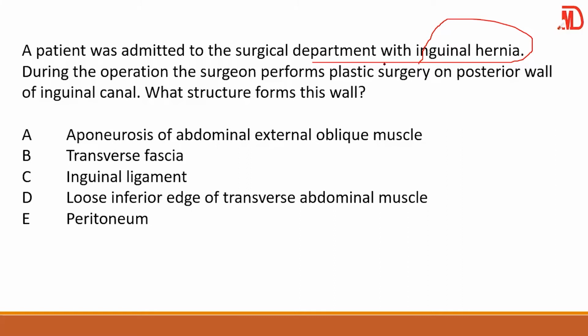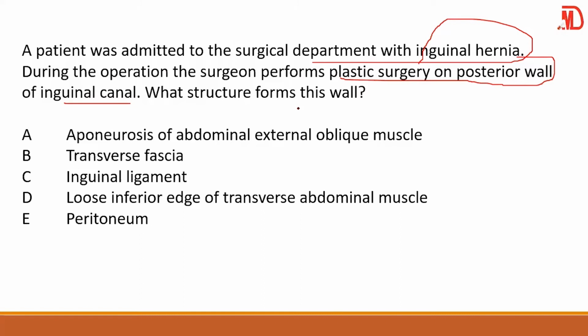So during the operation, the surgeon performs plastic surgery on the posterior wall of the inguinal canal. So what structure forms this wall? Again, to answer this question, you need to know the walls of the inguinal canal. So let's take a moment to know the walls of this inguinal canal.